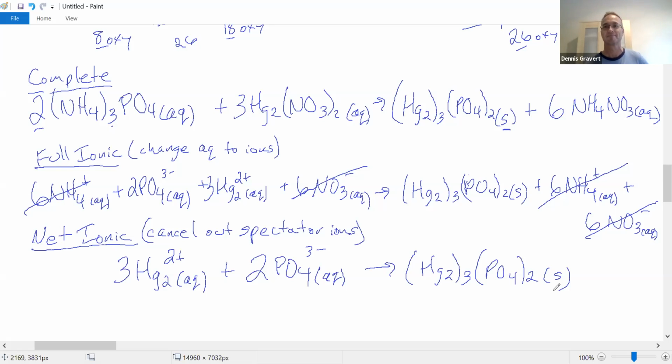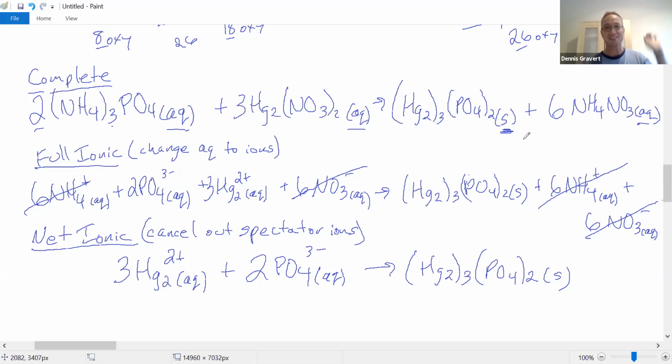Cool. Let me show you one shortcut. Scroll up a little bit here. If you are not asked to write the full ionic, you can take a shortcut. You'll probably have the complete chemical equation, and you can look for precipitation reactions and say, okay, I've got two aqueous reagents forming a solid, and the byproduct is not a solid.